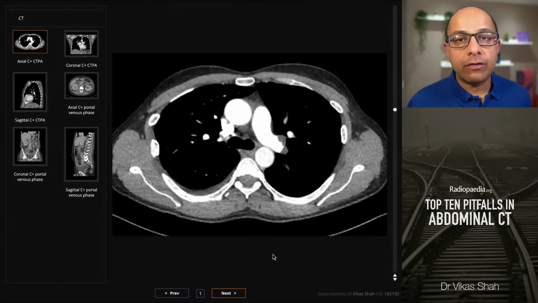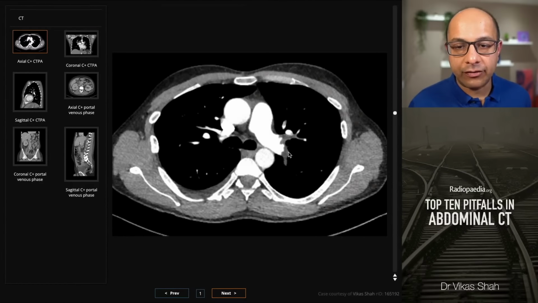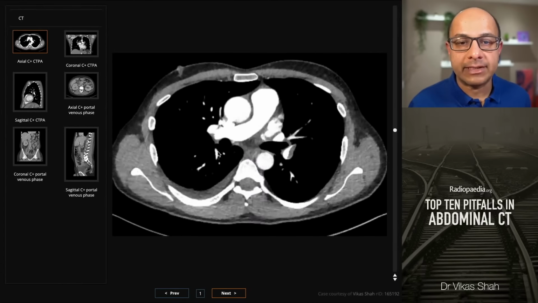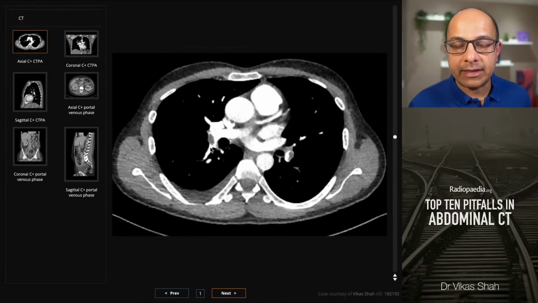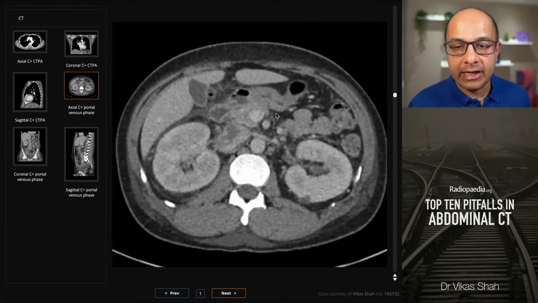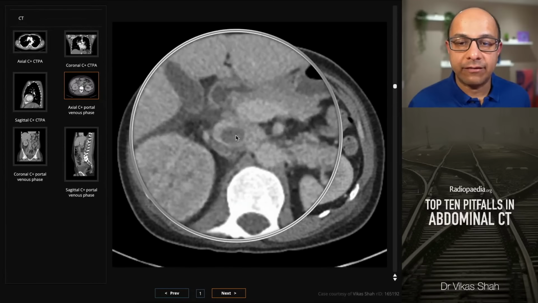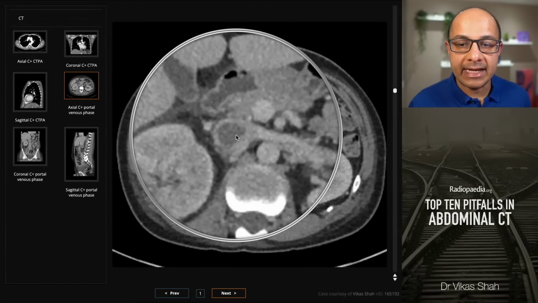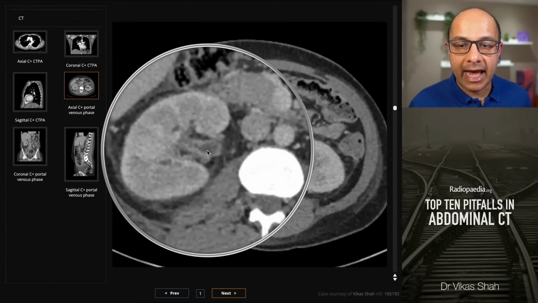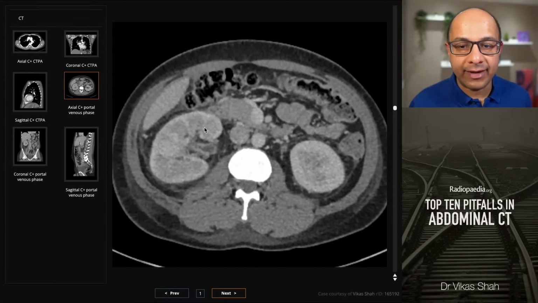So here is someone with known protein C deficiency who had chest and abdominal symptoms, and on the CTPA we can see that there are bilateral filling defects, so there are signs of pulmonary embolism. On the abdominal phase imaging we can see that there is a low density filling defect here within the inferior vena cava, which is extending into a renal vein branch, and we can see the effect therefore on the kidney.